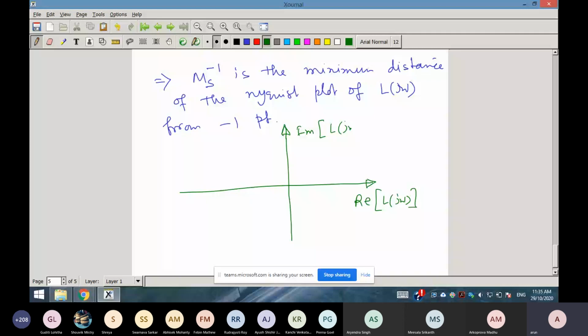So suppose this is your -1 point. So how to get it? You will draw a circle of maximum radius such that the circle will just touch the Nyquist plot. Okay, so I am trying to draw that circle.